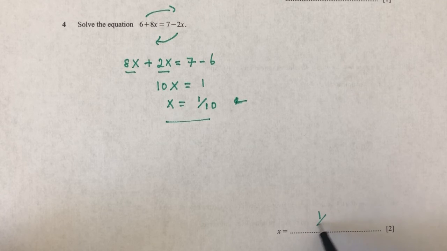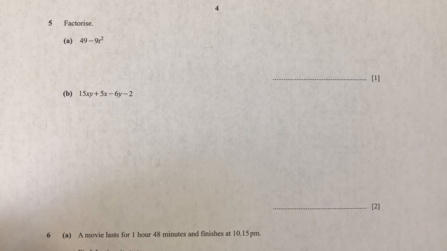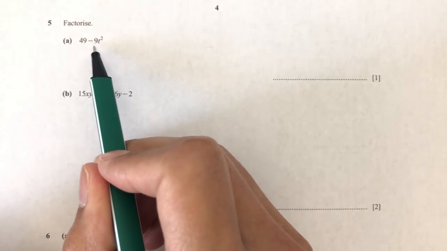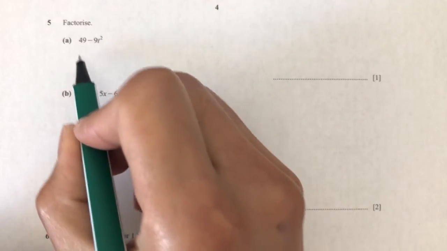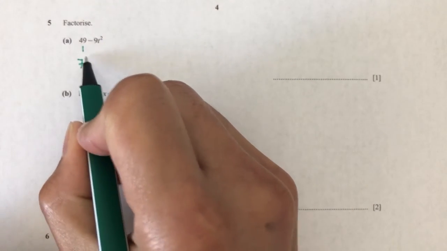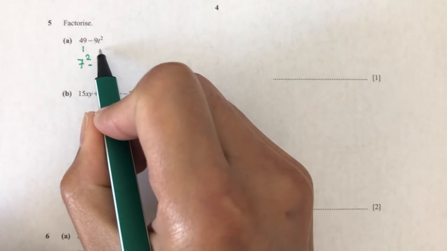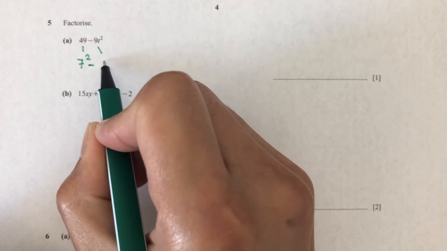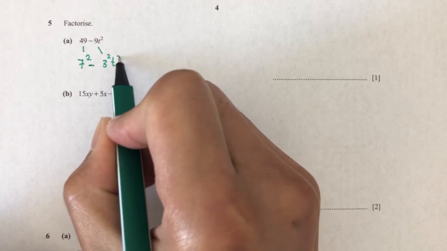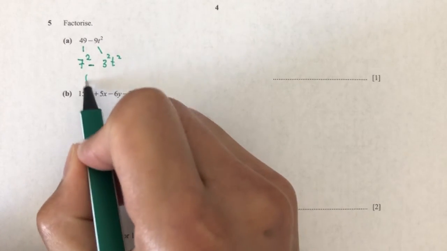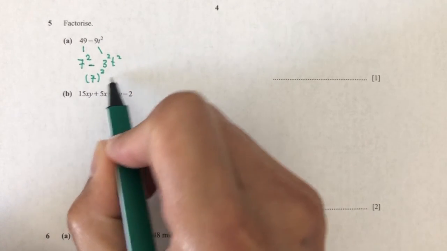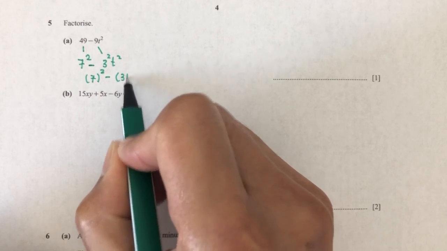Question number 5, part A, factorize 49 minus 9t squared. We know that 49 is equal to 7 squared, and 9t squared is equal to 3t squared. So here we have 7 squared minus (3t) squared.